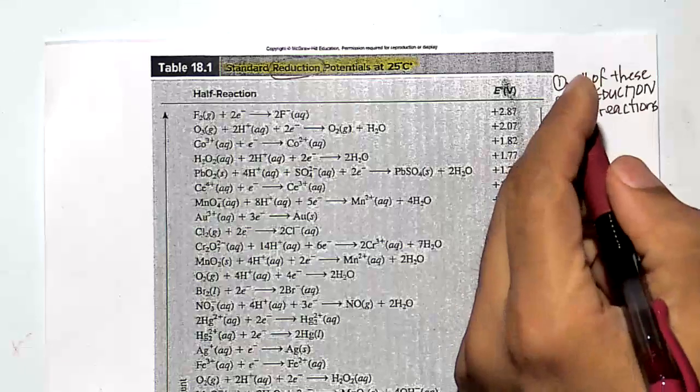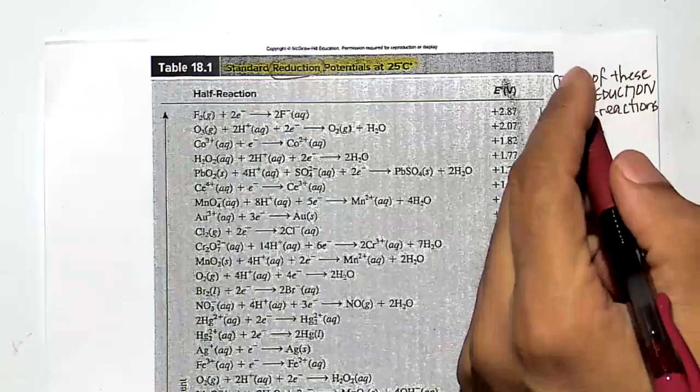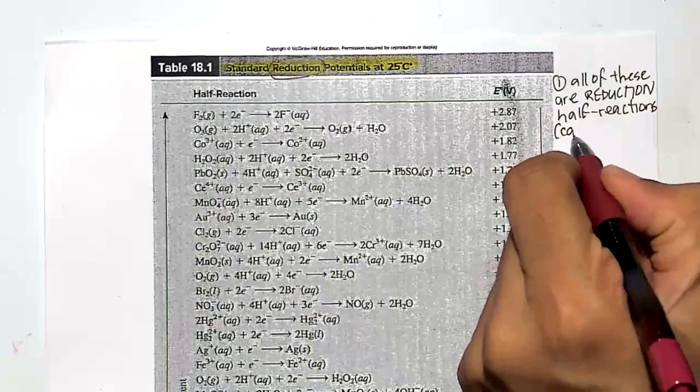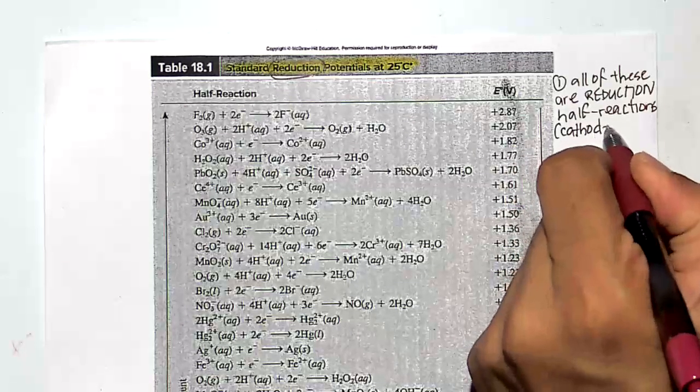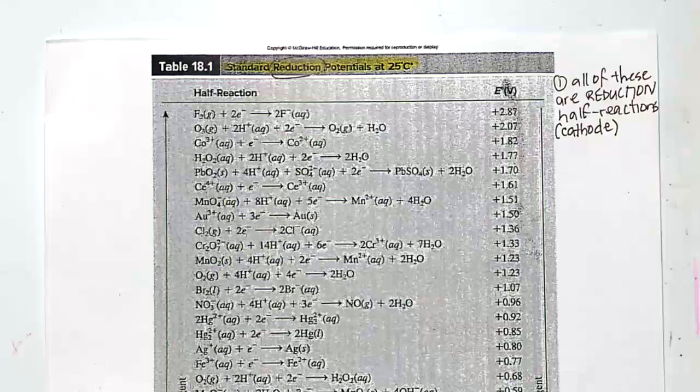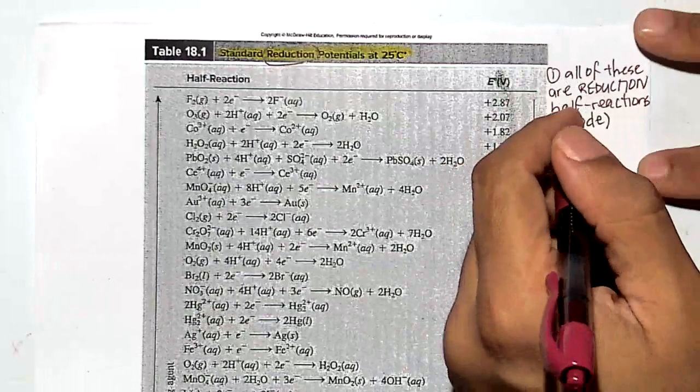These occur at the cathode. These are reduction half reactions.